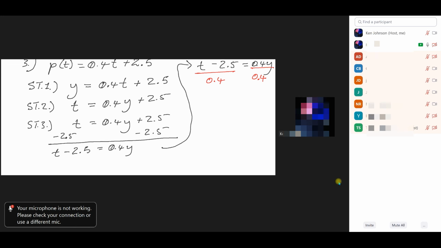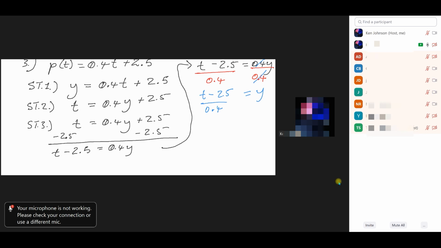We could leave it like this, but it's not going to be in proper form. So let me show you what I'm saying. So these will cancel. So you'll have y there, and then you have t minus 2.5 over 0.4. It's not a very good practice to have a decimal in the denominator of an answer.